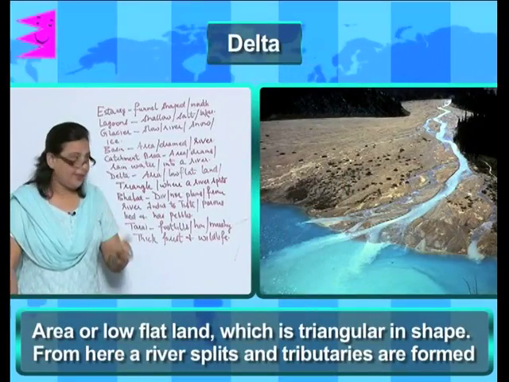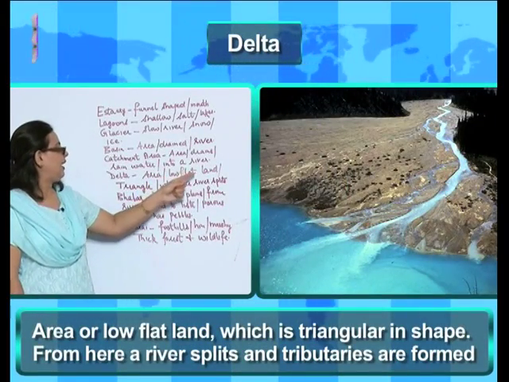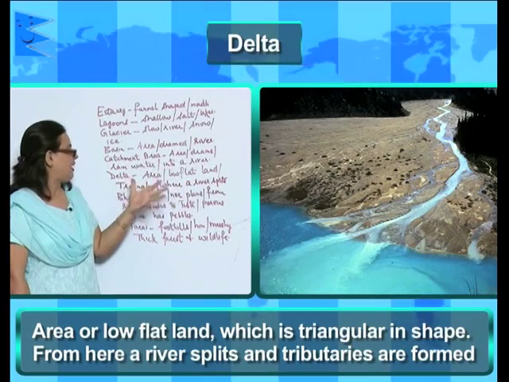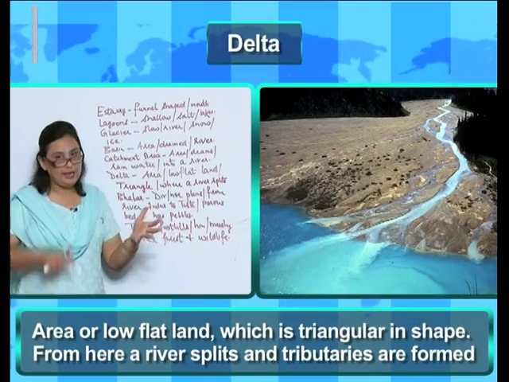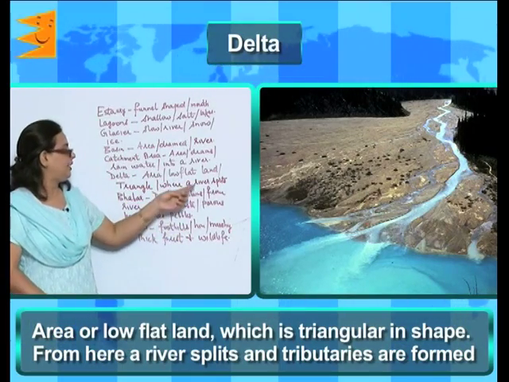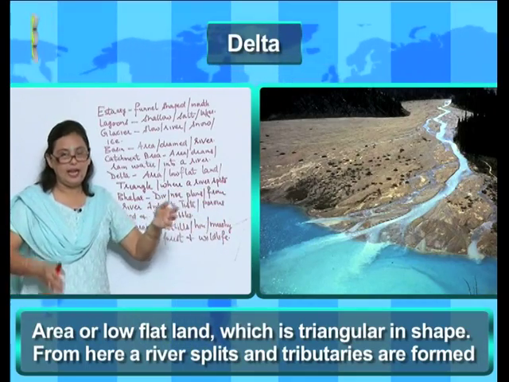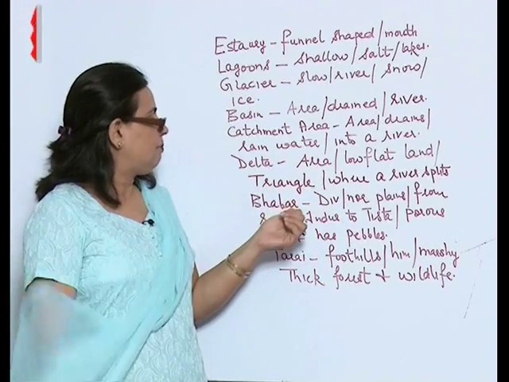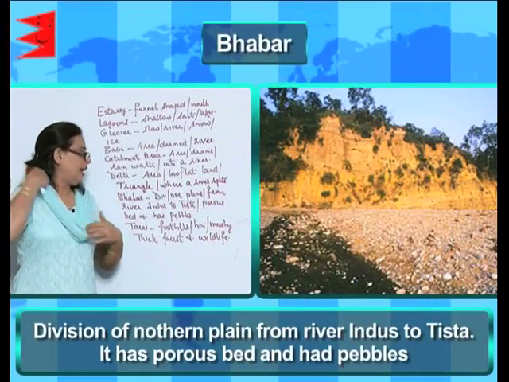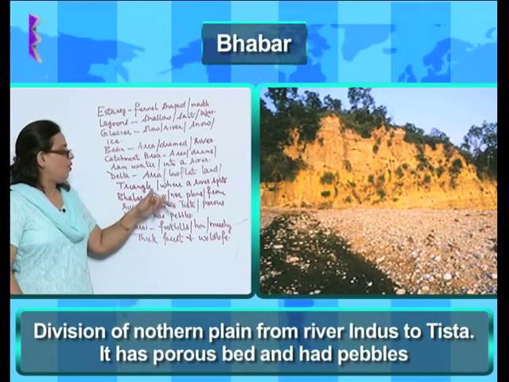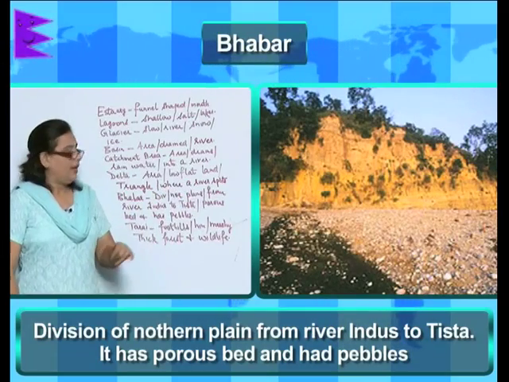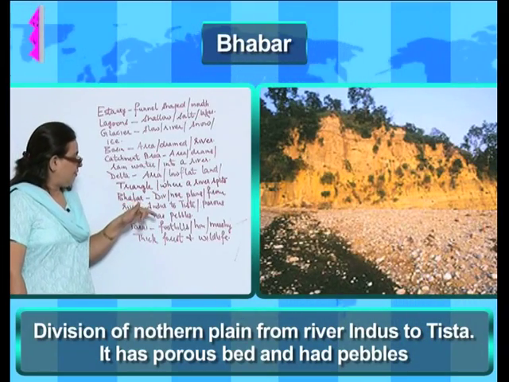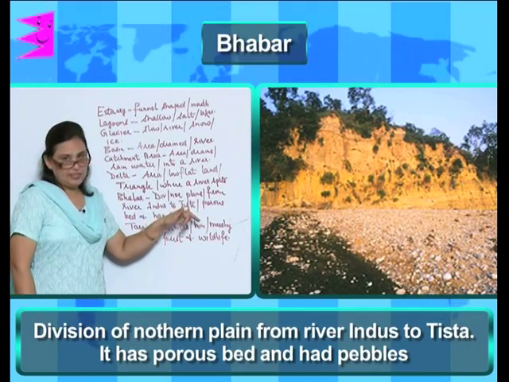Next is delta. Delta is an area of low flat land which is triangular in shape and it is from here that a river splits and the tributaries are formed. Next is Babbar. Babbar is actually a division of the northern plain from the river Indus to Tista.